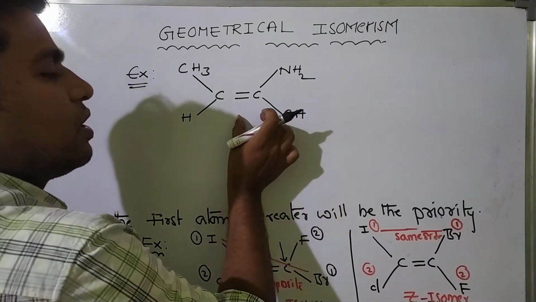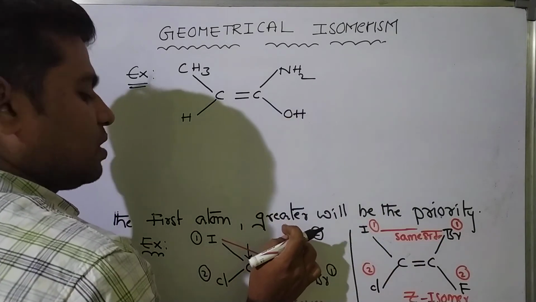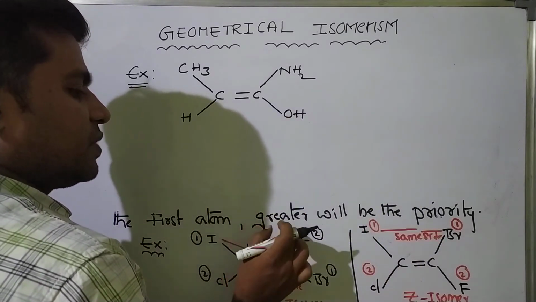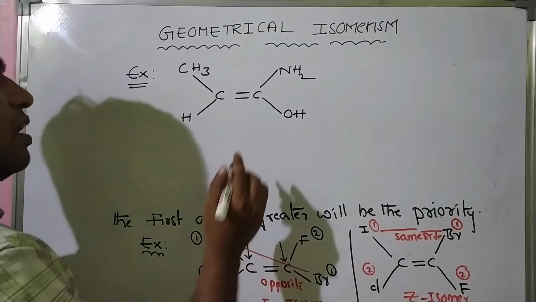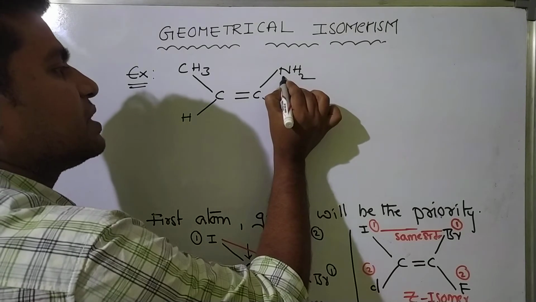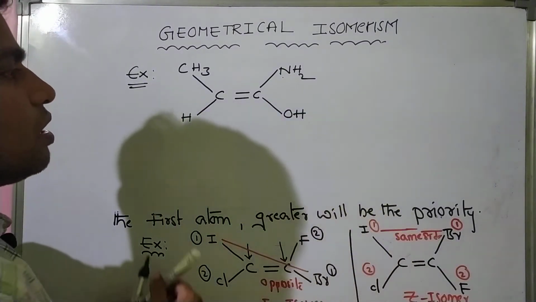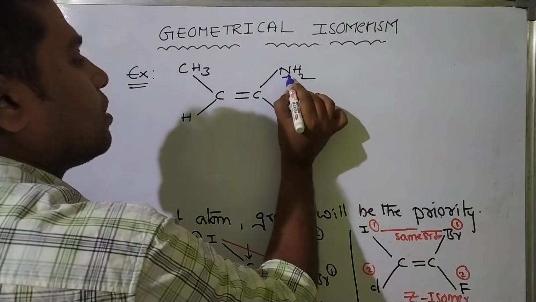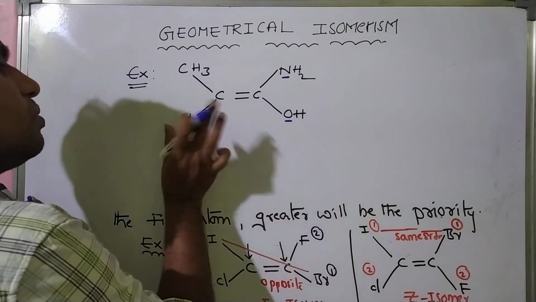Okay. Now, first of all, apply the first rule. Means first atom greater atomic number. Here the first atom is nitrogen. In this case the first atom is oxygen, single atom.